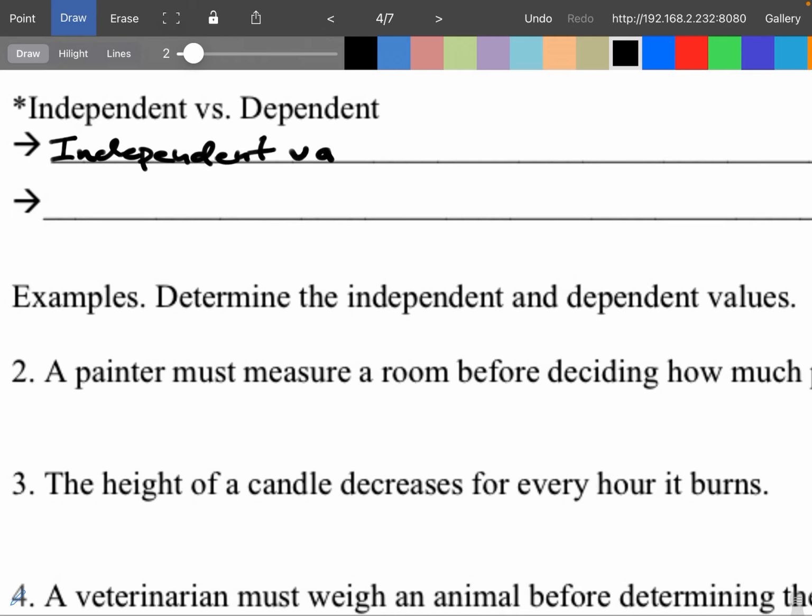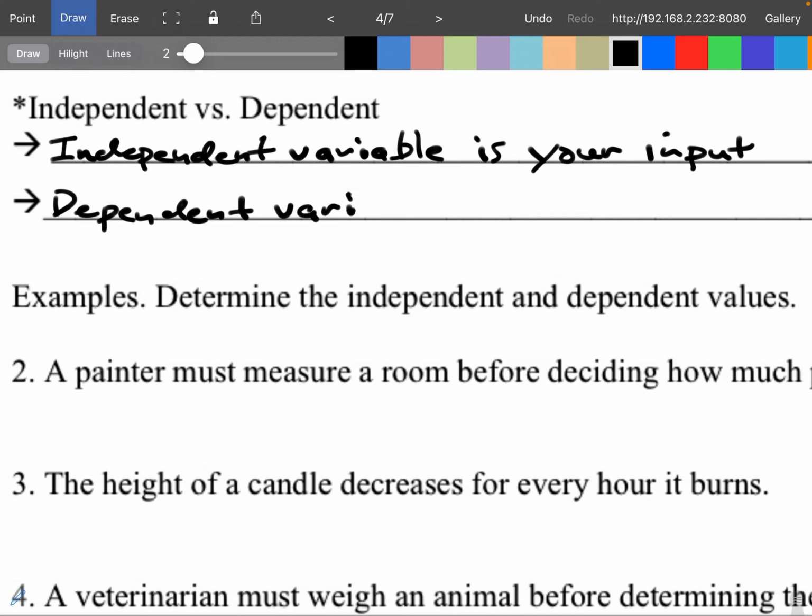So your independent variable is your input, which is your x.